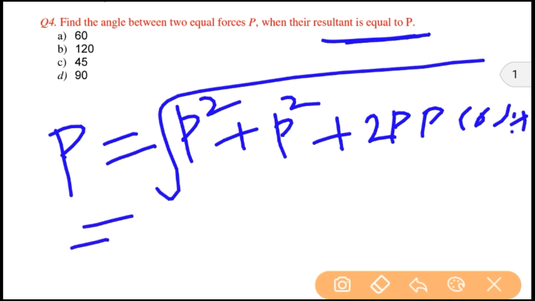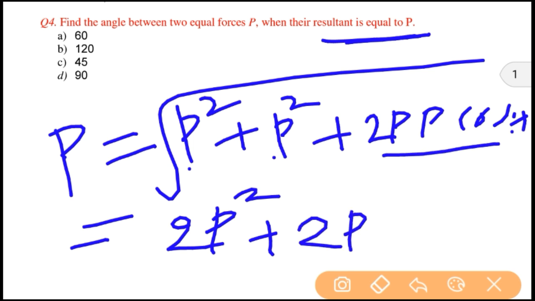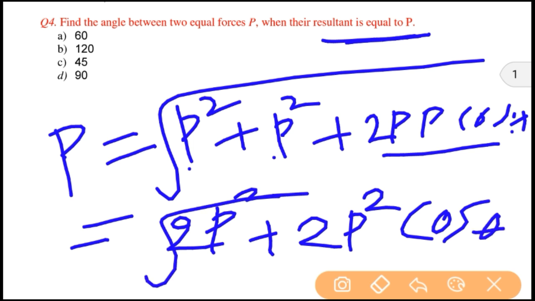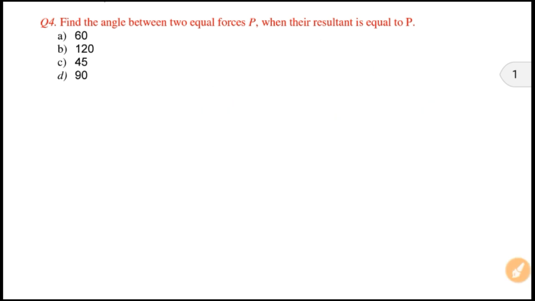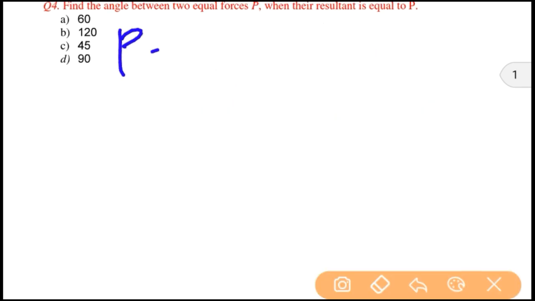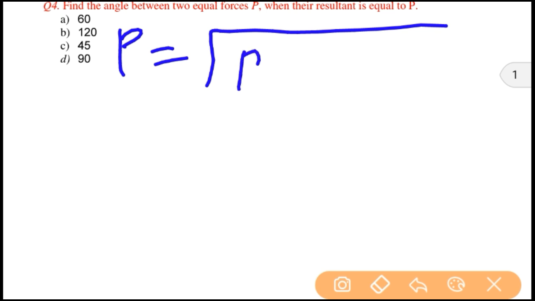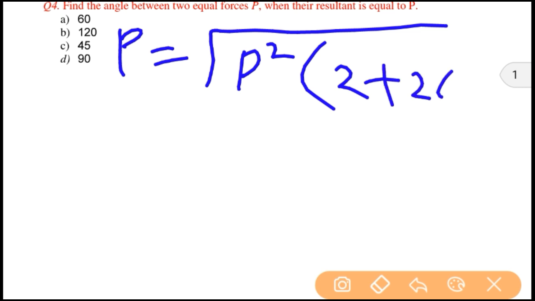So that is equal to the root of P square plus P square, that is 2P square, plus 2P square cos theta. Now taking P square as common, we have P equal to the root of P square into 2 plus 2 cos theta.